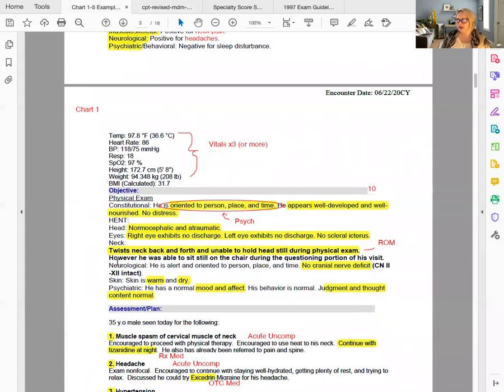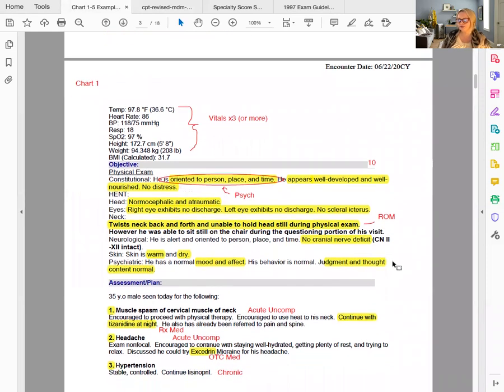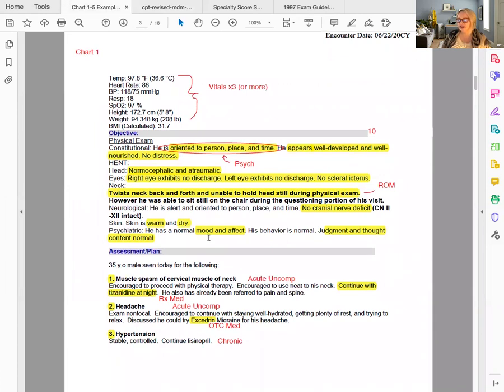So under the neck, they do indicate that the neck twists back and forth and it's unable to hold head still during the physical exam, but they were able to sit without problems, it looks like, during the actual questioning. So I would not put that as a complicated statement. I would look to see if the provider made it sound complicated.